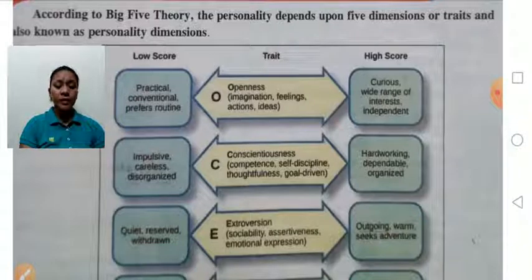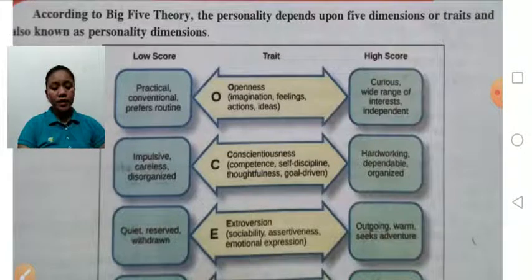They are creative, with interest in a variety of expressions, and they are more frank. And those who are not open are practical, conventional, and prefer routines. They are narrow in interest, stick with what is familiar, and always perform the same routine work, diet, and habits.